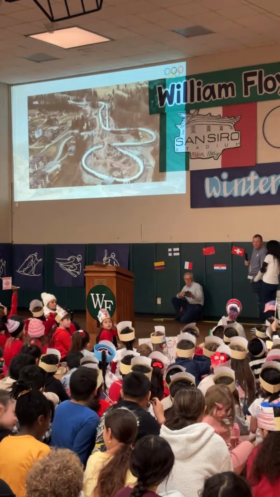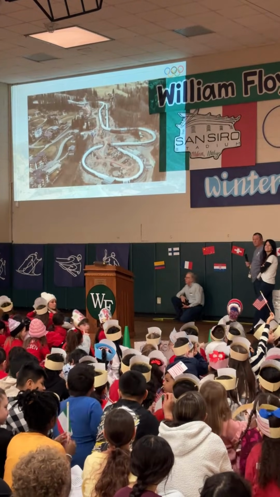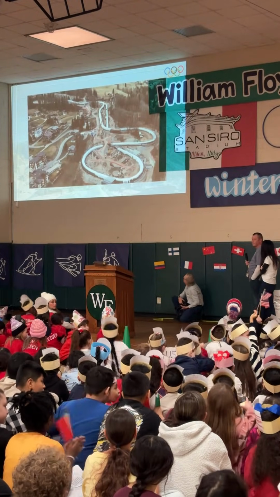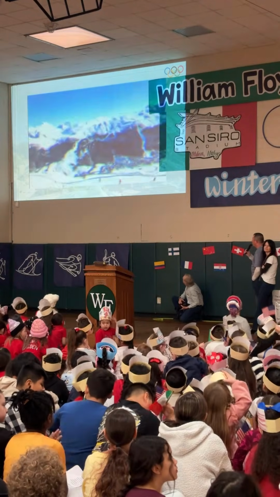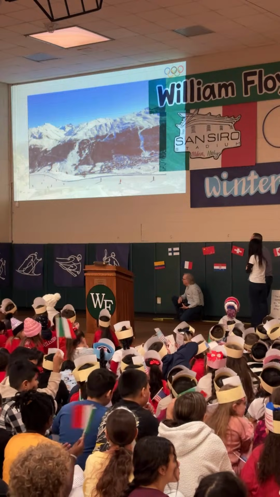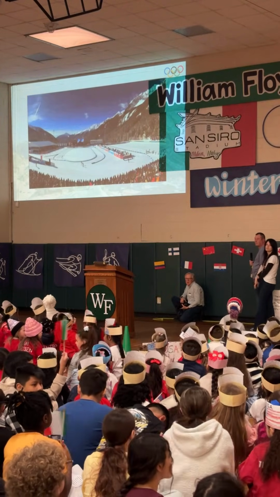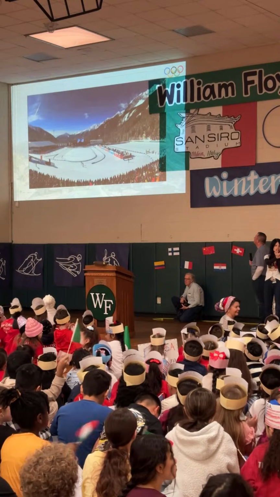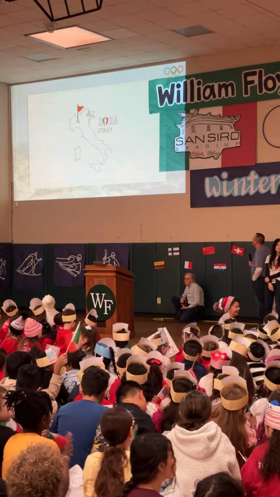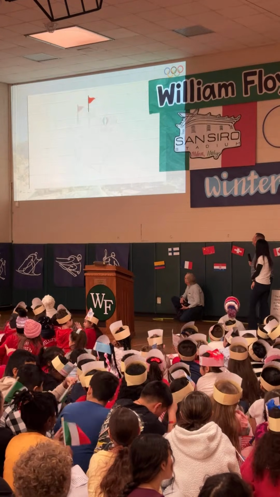Across the mountains, Cortina's refurbished sliding track will host bobsleigh, skeleton, and luge races. Bormio, another alpine venue, will welcome snowboarders and freestyle skiers, while Anterselva, famous for biathlon, will see the world's best shooters and skiers compete. All of this creates one of the most geographically diverse Winter Olympics in history.